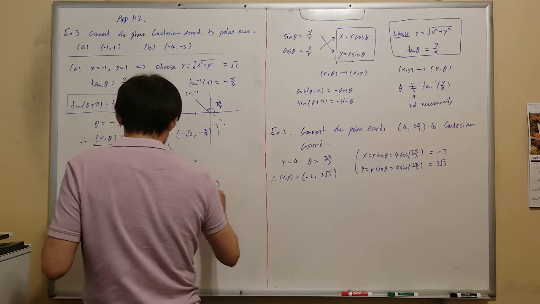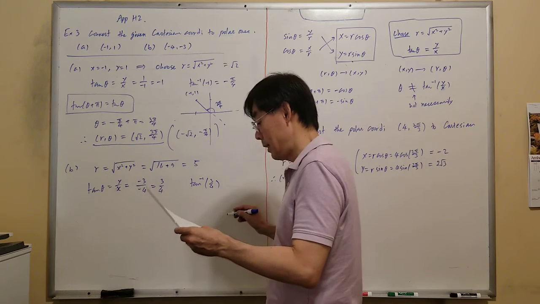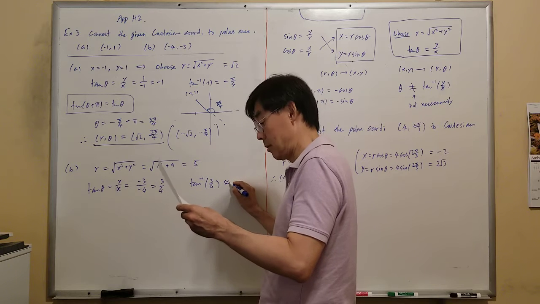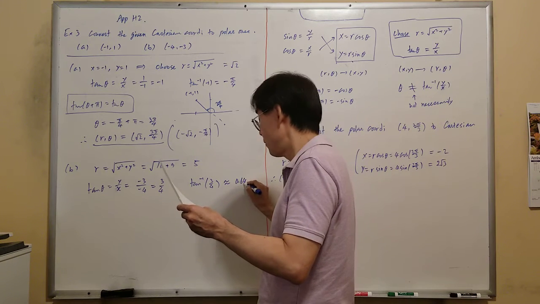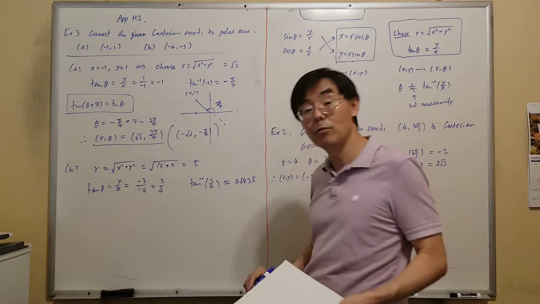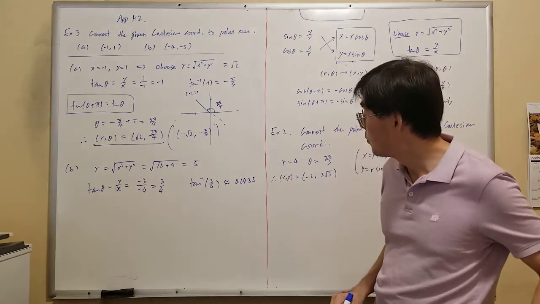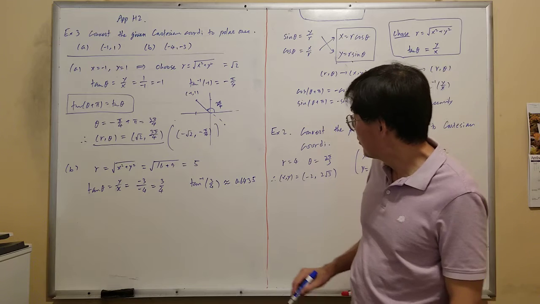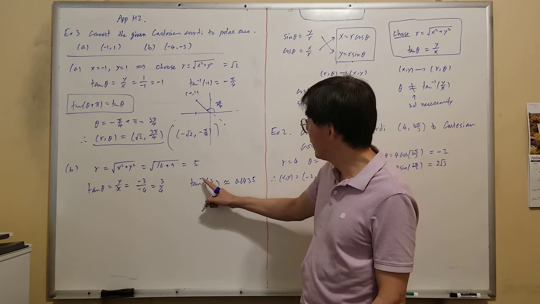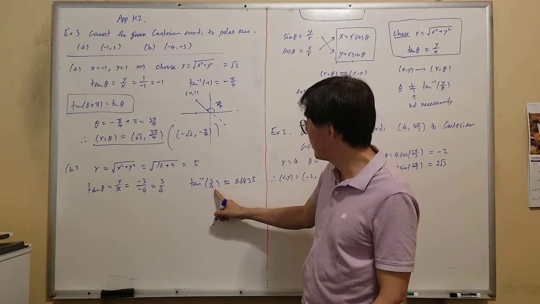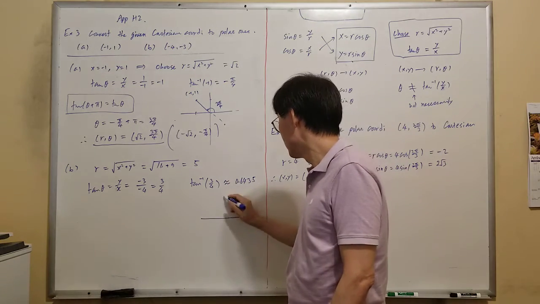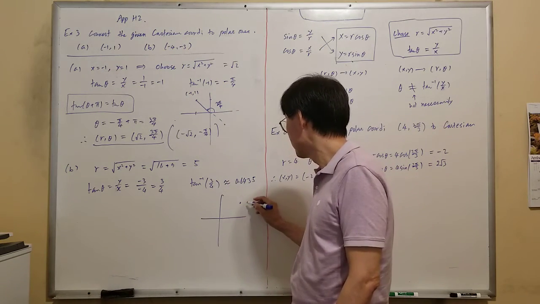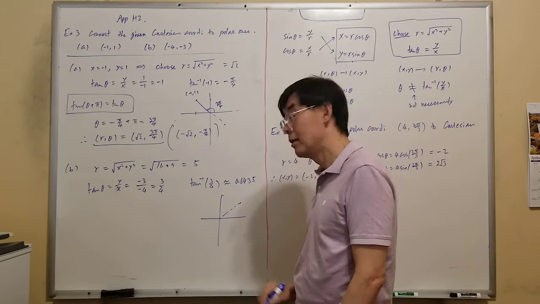Tangent inverse of 3 over 4 is about 0.6435 radians. Now, tangent inverse of a positive value will give you a first quadrant angle, so around here.